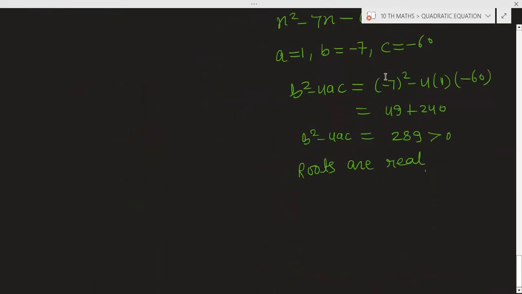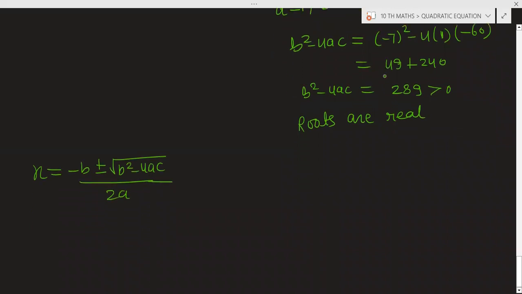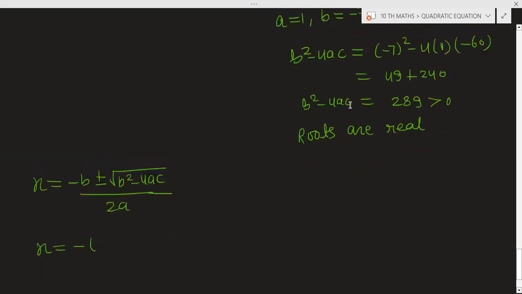So we can solve it using the quadratic formula. I am using the quadratic formula, minus b plus minus under root of b square minus 4ac divided by 2a. So x is equal to minus b, and b is minus 7.